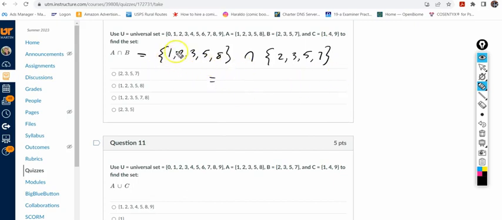So 1 is not contained in both. 2 is contained in both. 3 is contained in both. 5 is contained in both. 8 is not contained in both. And once you've gone through everything in the first set, you're done, because it has to be in both sets. So I'm looking for 2, 3, and 5, which is in the last one.